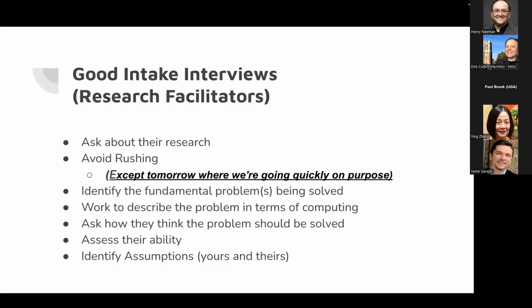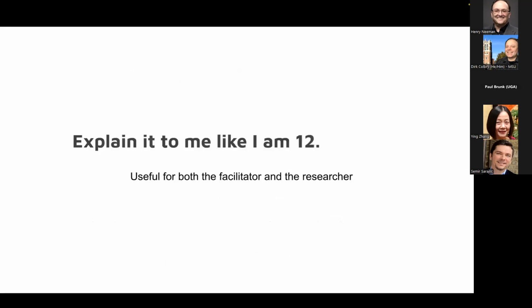And a technique that I think Henry likes to say is try to explain it to me like I'm 12. That's a good technique. I have a 12-year-old right now. He's really smart. He just doesn't have a lot of life experience. So he doesn't know a lot of jargon and programming terms, or have a lot of context for me to build analogies from.